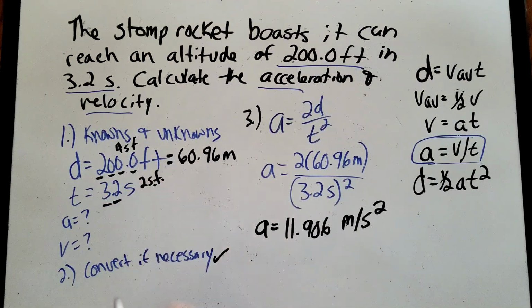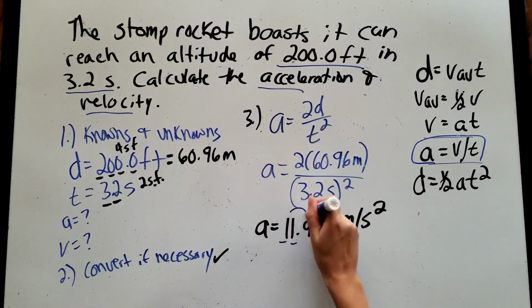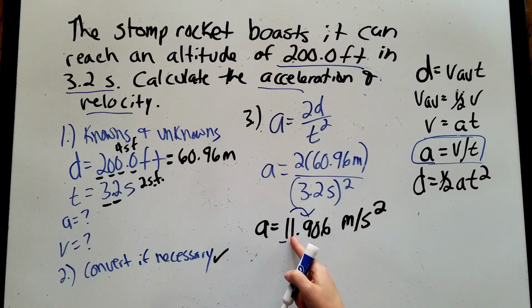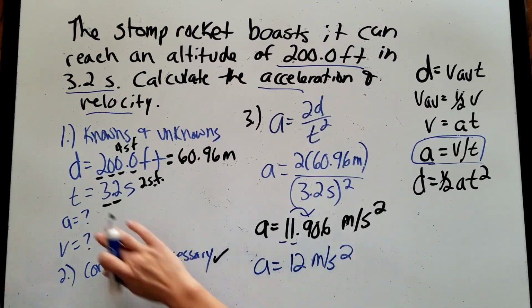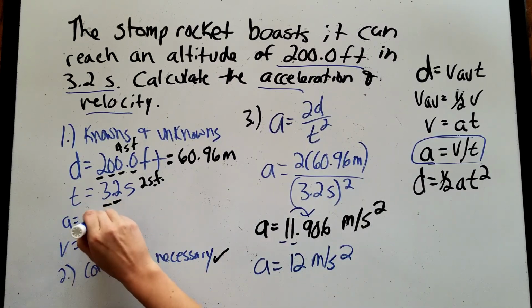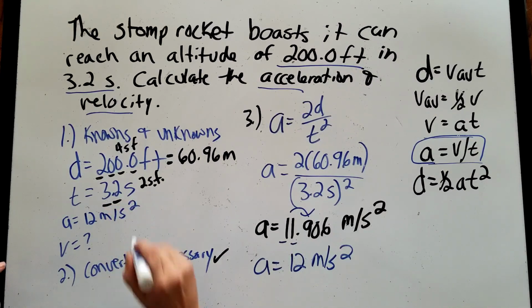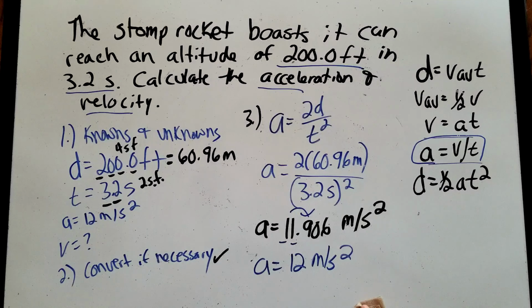You always want to pick the smallest, so that means I want 2 sig figs in my answer. 1, 2, look at the number next to it. Does that 1 stay a 1 or round up? It will round up to 12. So my acceleration is 12 meters per second squared. Quite an acceleration for that stomp rocket.